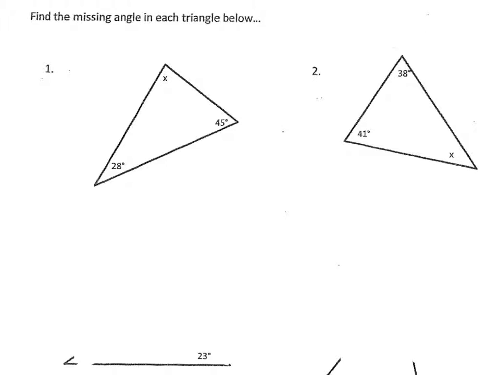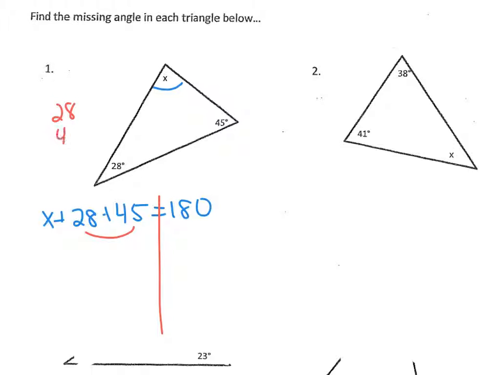Let's get a couple more examples. These are a little bit more simple examples again. If we were going to find the missing angle here, x, we could do x plus 28 plus 45 equals 180. To solve this, we're going to add 28 and 45, and we get 73.